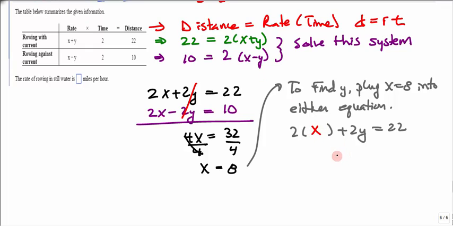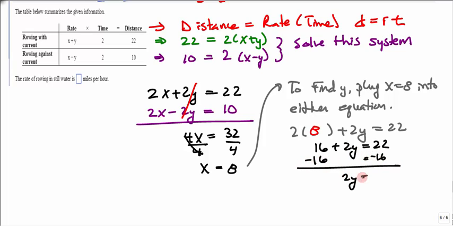Oh, I was supposed to put in 8 in place of x. So let's plug an 8 in there. So I have 16 plus 2y equals 22. Let's go ahead and subtract 16 from both sides. I get 2y equals 6, divide through by 2, and I get y equal 3.